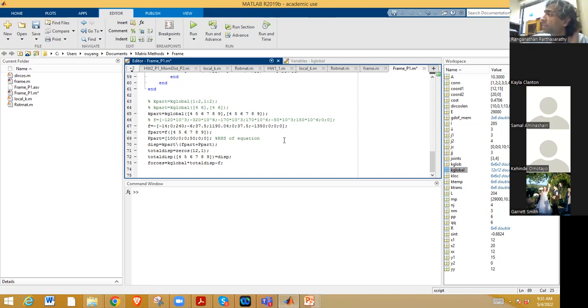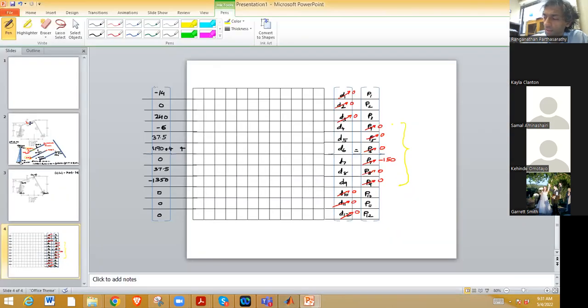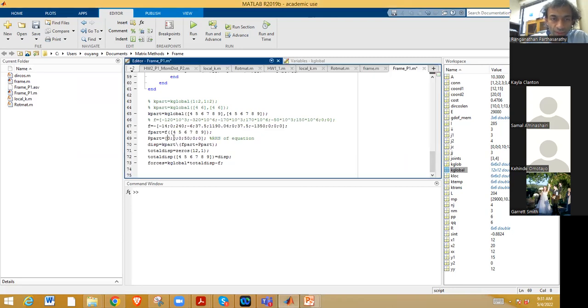P partition is all these loads, the ones we already know. Only P7 is negative 150, so we have all zeros: 1, 2, 3, 4, 5, 6, same number.